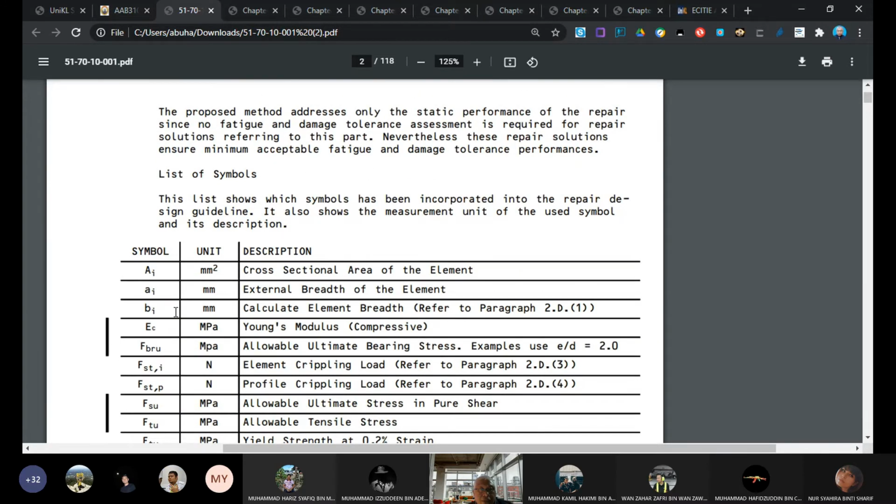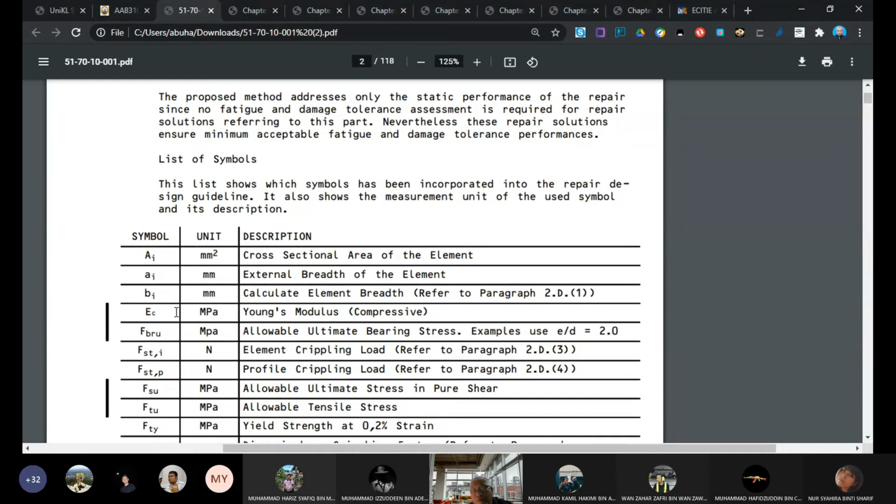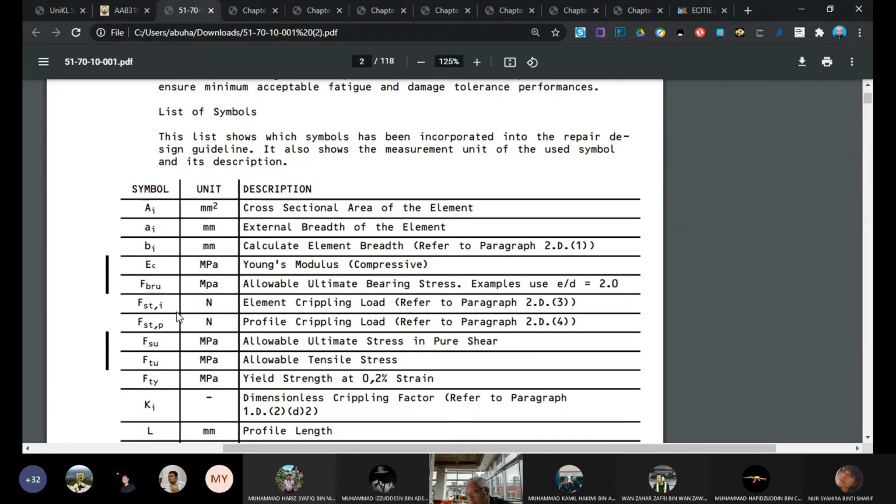And then you will see here all the symbols. I'm sure you have seen them before, and you shall be seeing them in your mechanics of materials course. That's why when I teach mechanics of materials, I always use aircraft as an example, and I always use stress analysis of the aircraft structure, because you need that competency in doing the repair. Not all of you will be working on designing new aircraft structure. However, many of you may be employed by the airlines. I mean, not today, because today the airlines are basically shrinking.